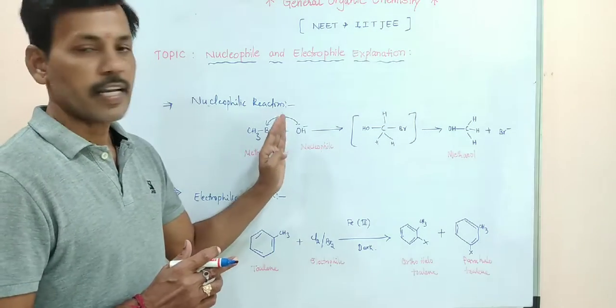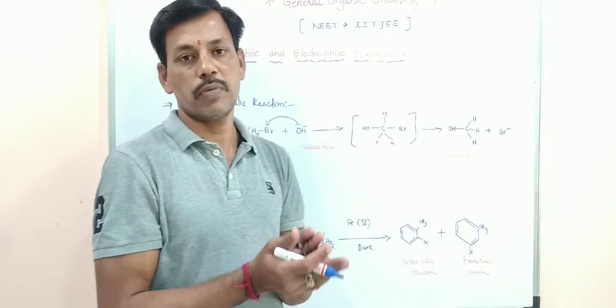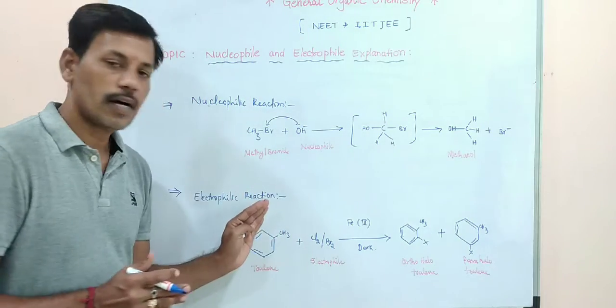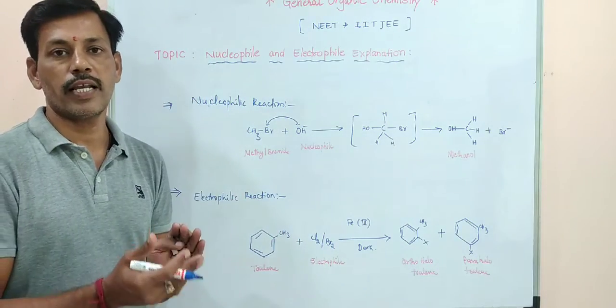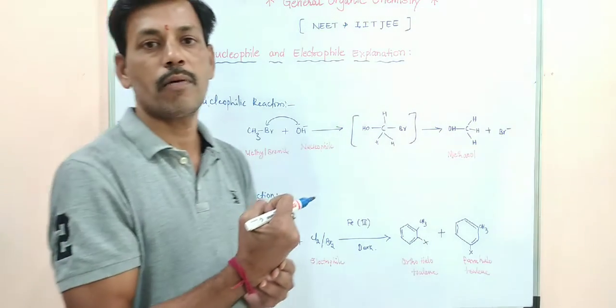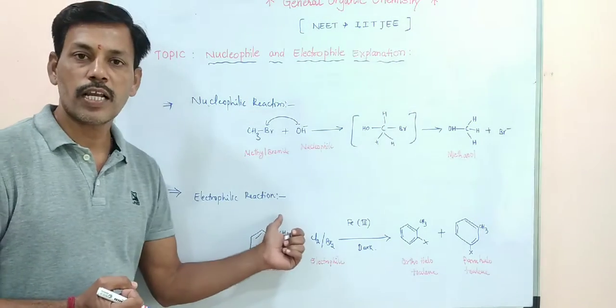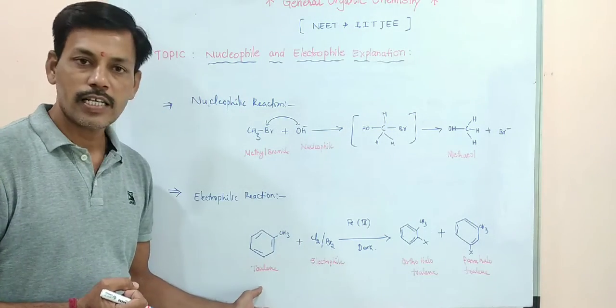So here we clearly know that a nucleophile is an electron donating species, right? Now an electrophile is an electron accepting species. It accepts electrons from other compounds or substituents. See here in electrophilic reactions, toluene is there.